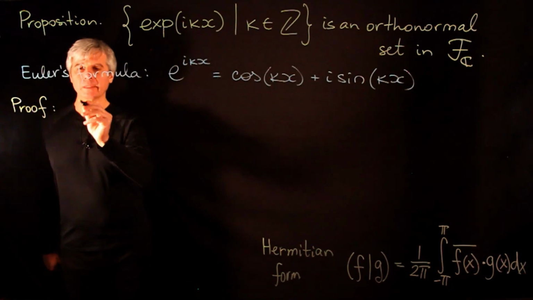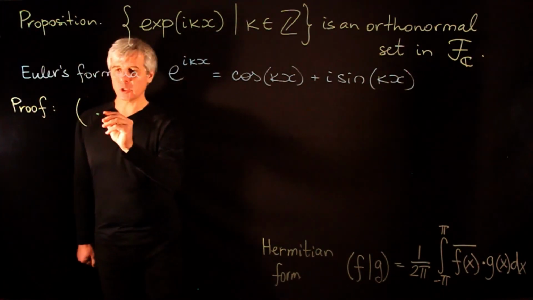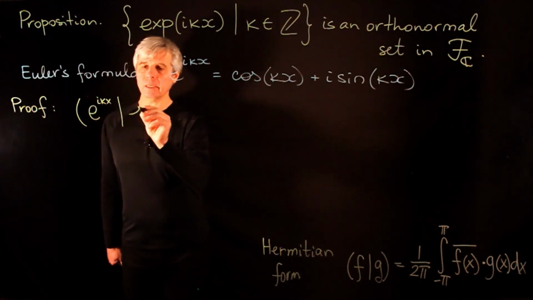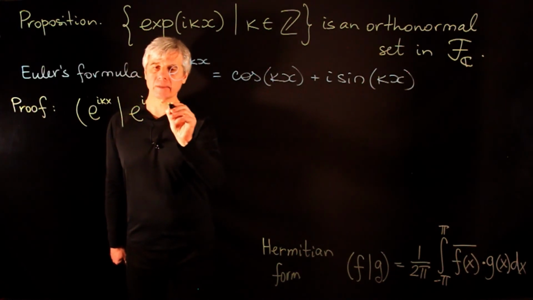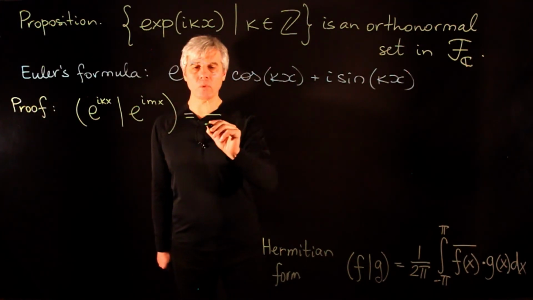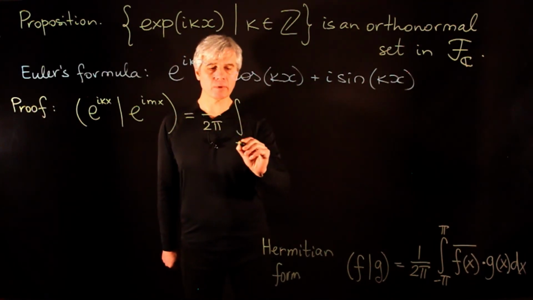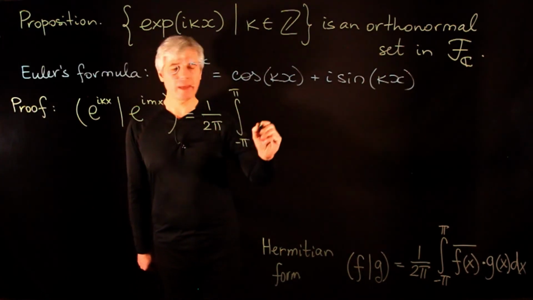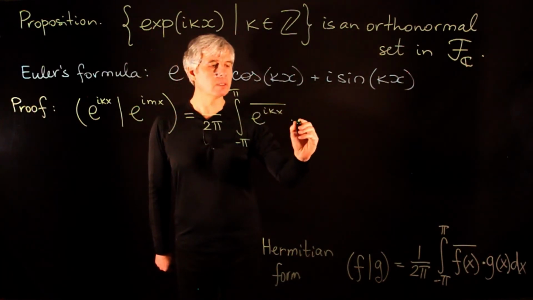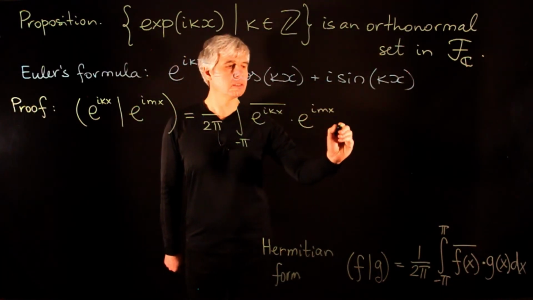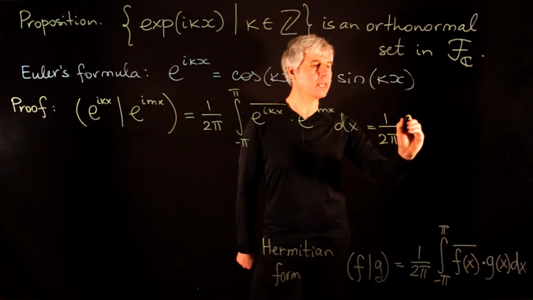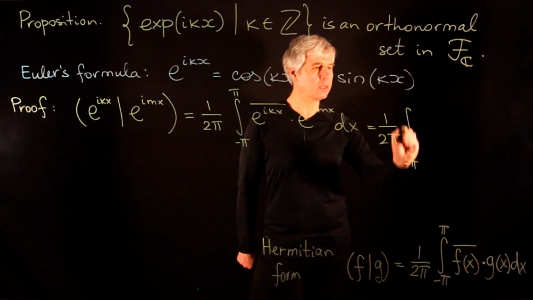So we need to calculate the value of the Hermitian form on functions e to the ikx and e to the imx. By definition of the Hermitian form, this is 1 over 2 pi integral from minus pi to pi, and we take e to the ikx with the complex conjugation times e to the imx dx. Now that becomes 1 over 2 pi integral from minus pi to pi.